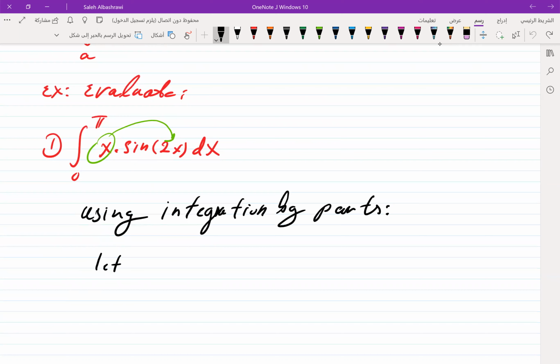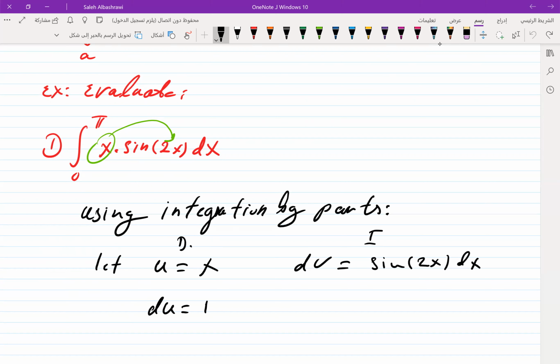Let u equal to x, dv will be sine 2x dx. Now differentiate the first one and integrate the second one. We differentiate u, I will have du equal to 1 dx.